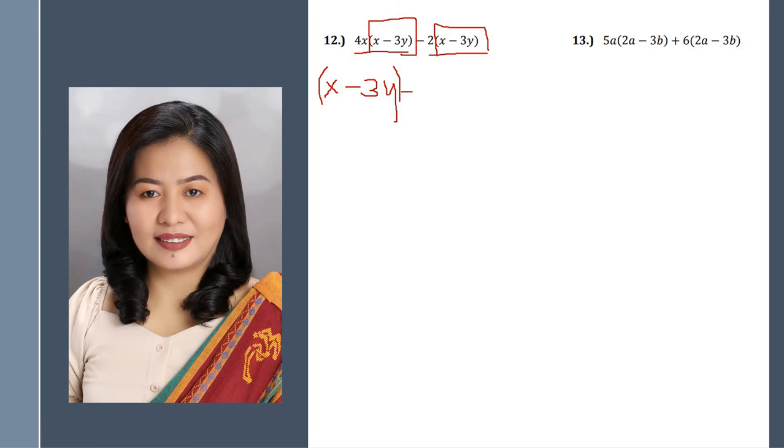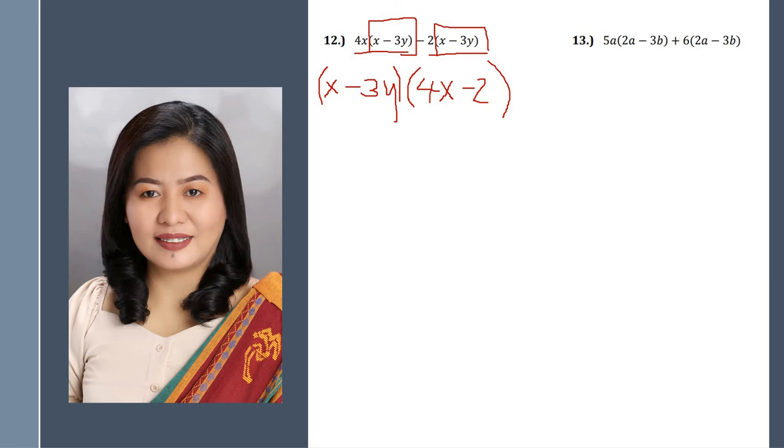We don't have an operation there because we are factoring. So multiplied by, we write 4x minus 2. So the common factor of 4 times (x minus 3y) minus 2 times (x minus 3y) is (x minus 3y) times (4x minus 2).